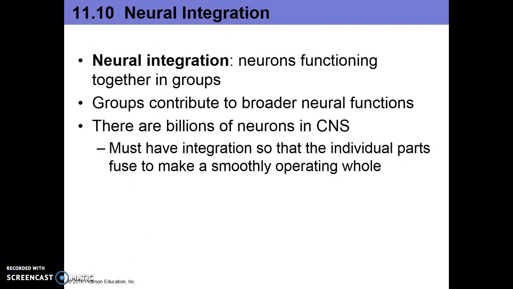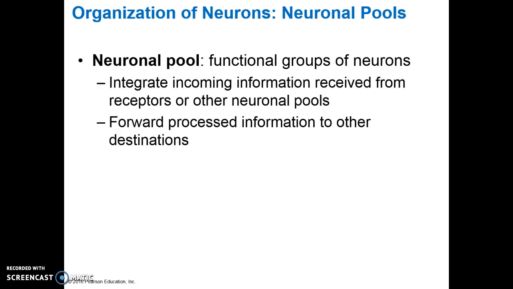So now the next is neural integration. Neural integration is how neurons function together in groups, and the groups can contribute to broader neural functions. There are billions of neurons in the central nervous system, and they must have integration so that the individual parts fuse to make a smoothly operating whole.